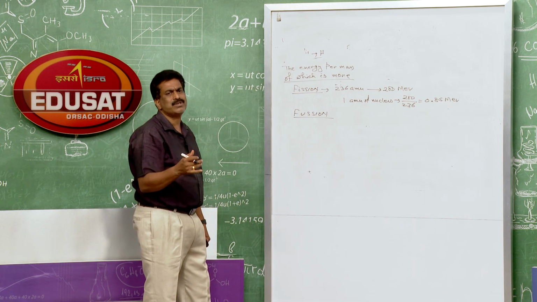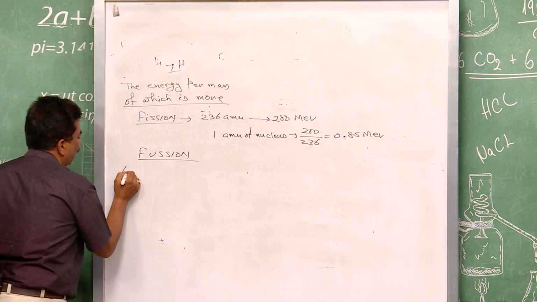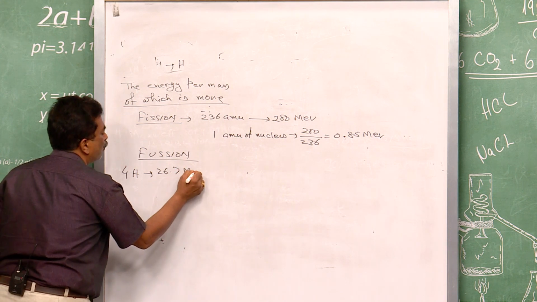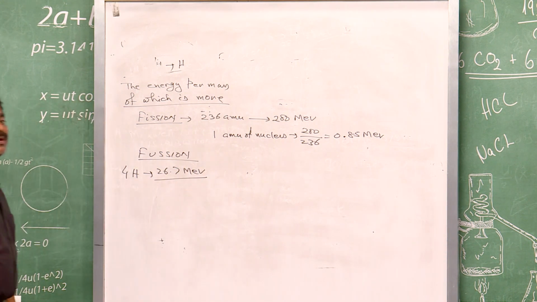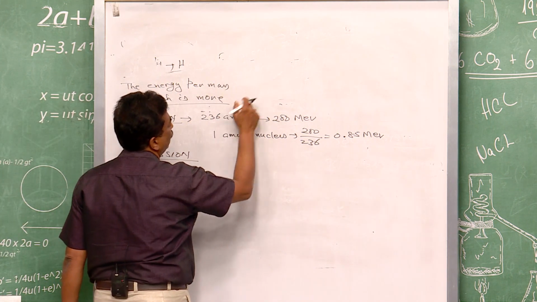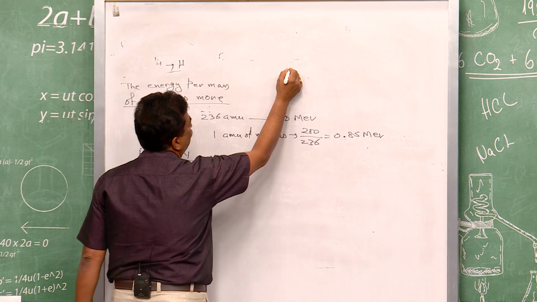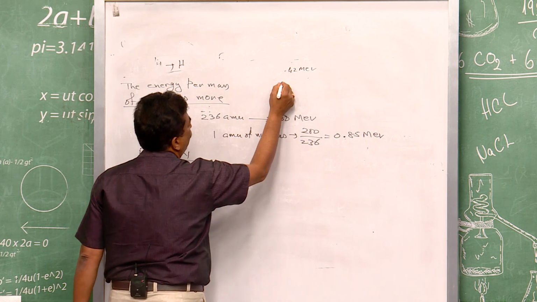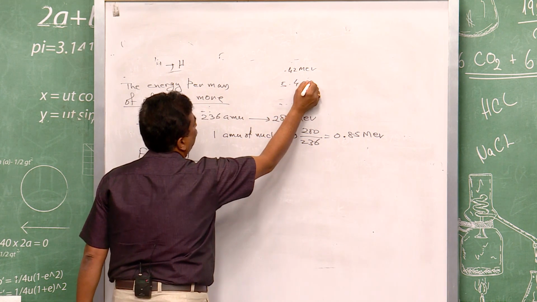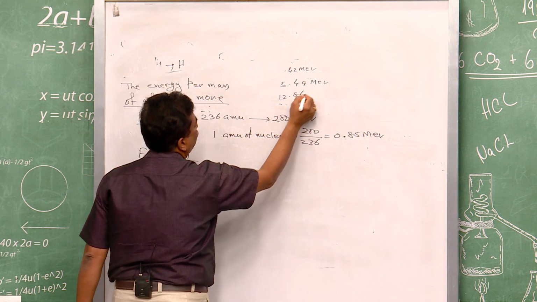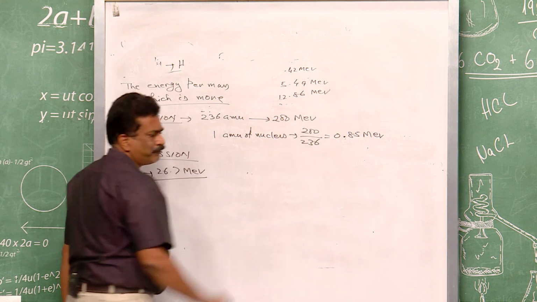But for fusion, the 3 steps which we have made, it is observed that for 4 hydrogen, it gives 26.7 MeV. I have taken 3 steps: step 1, step 2, step 3. For one case it is 0.42 MeV, then 5.49 MeV, then 12.86 MeV.